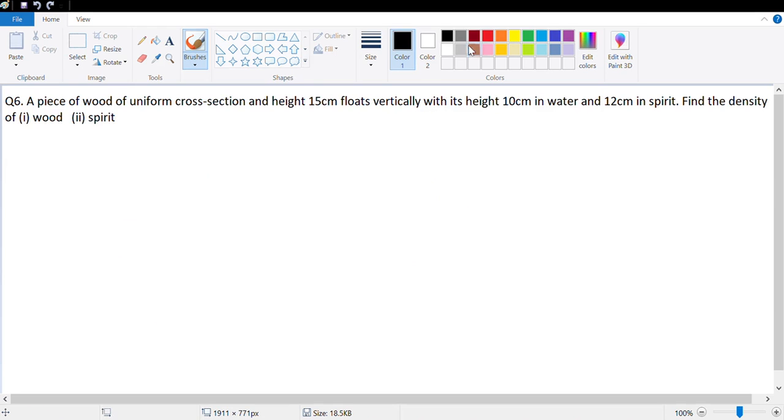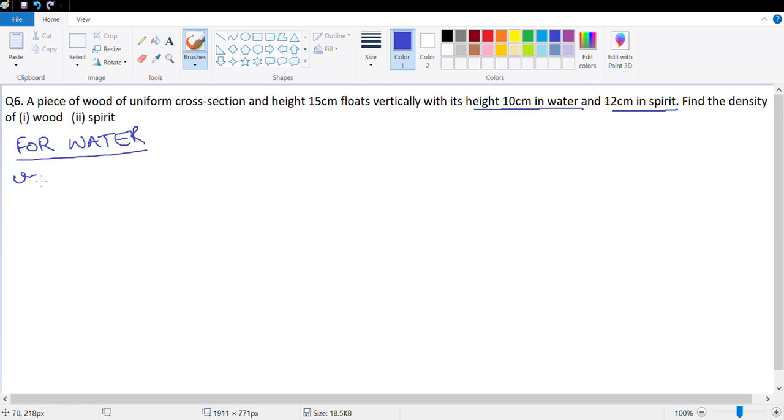It says a piece of wood of uniform cross section and height 15 centimeter floats vertically with its height 10 centimeter in water and 12 centimeter in spirit. So we are looking at two liquids, first time in water, next in spirit. So let's first talk about water.